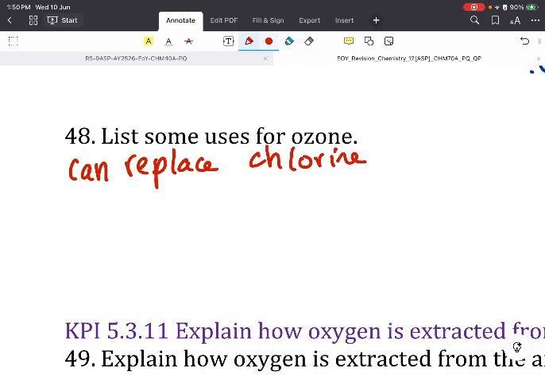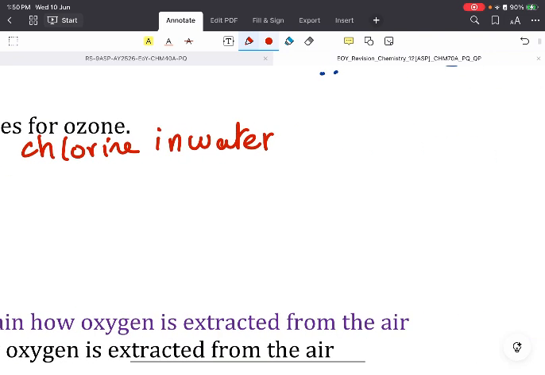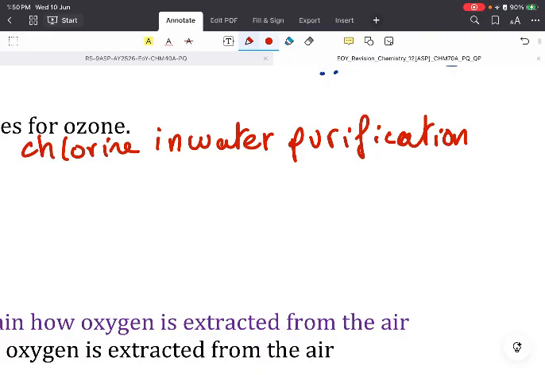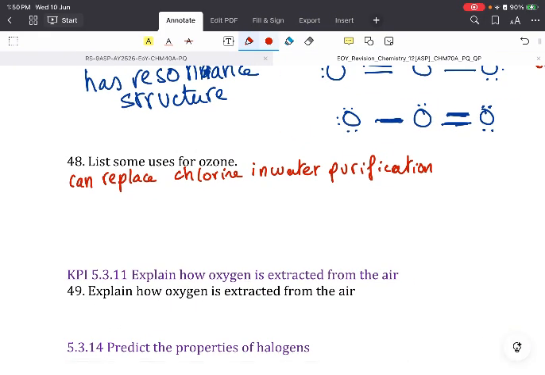You know, in the pool we add chlorine to purify the water. Ozone can be used instead of chlorine, so it can replace chlorine in water purification. That's one use.